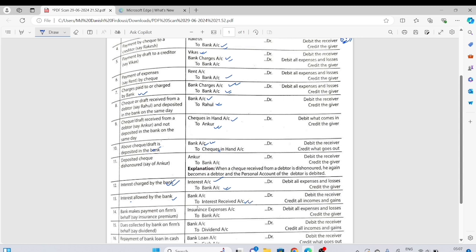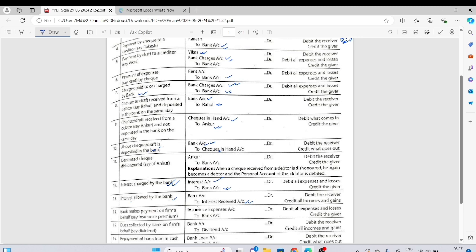Next transaction, bank makes payment on firm's behalf of insurance premium. Suppose you have insurance and you have to pay the insurance premium. So you have given instructions for your insurance premium to the bank, and after a certain period of time, the bank is paying your insurance premium.